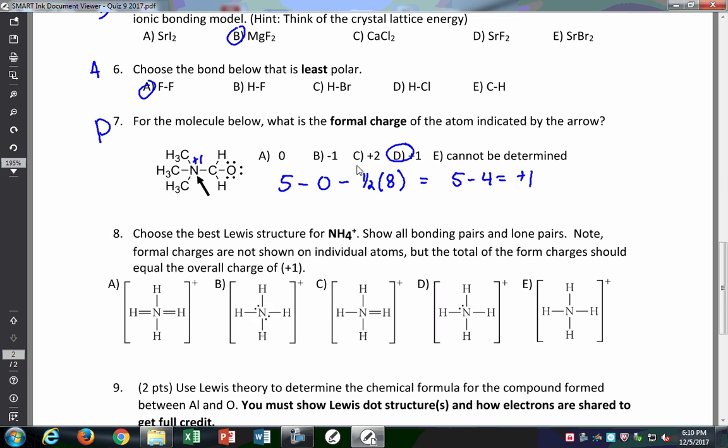We get that from the periodic table, that never changes, minus all of our lone pairs. If this was oxygen, that would be 1, 2, 3, 4, 5, 6. So oxygen should have 6. It has 6 lone pair electrons. And then minus half of the bonding electrons. So we have 1 bond, so that's 2 electrons.